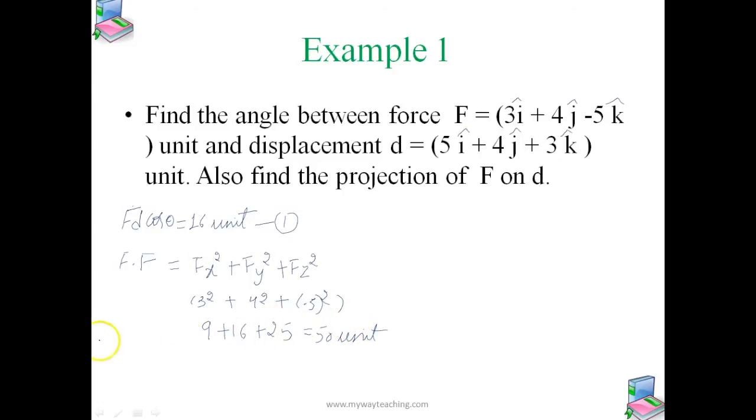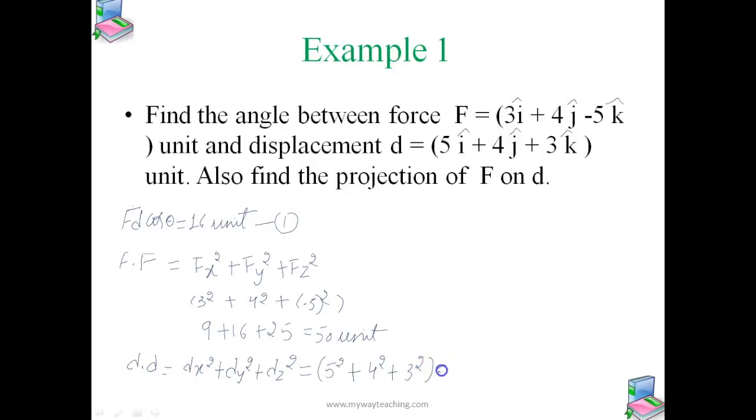Now let us find the value of D dot D. Again, D dot D is nothing but dx square plus dy square plus dz square. The dx value is 5 square, dy is 4 square, and dz is 3 square.